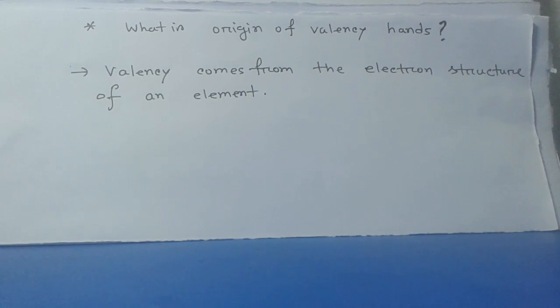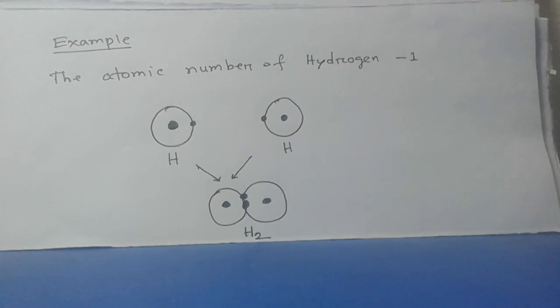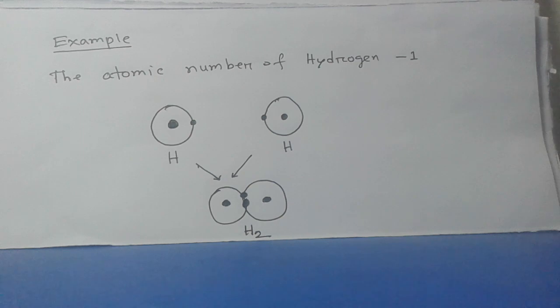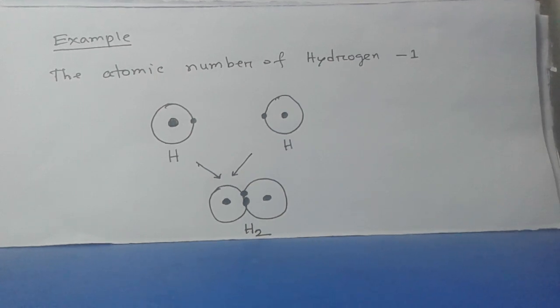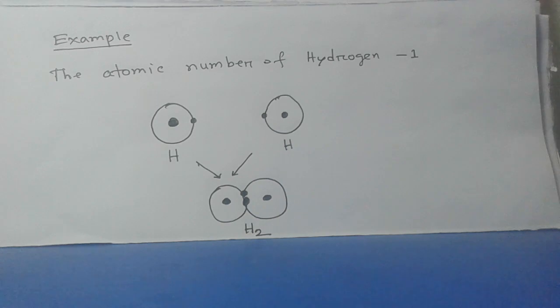Now if I give you an example, the atomic number of hydrogen is 1. That means it has only 1 electron in its outer shell, so it needs 1 more electron to gain the electron configuration of helium.